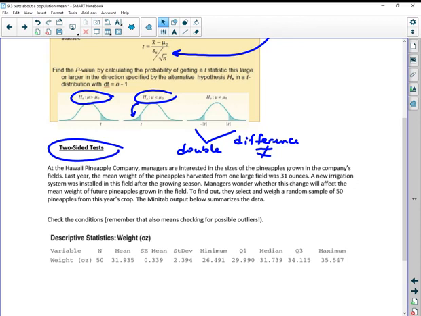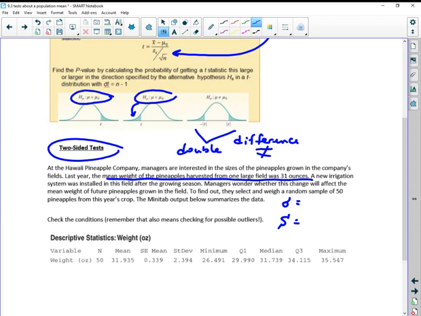Okay, so first of all, let's read this information and see if we have known standard deviation, or do we have a sample statistic for our sample standard deviation. So let's see which one we've got. We have these pineapples. The mean weight from this field was 31 ounces.